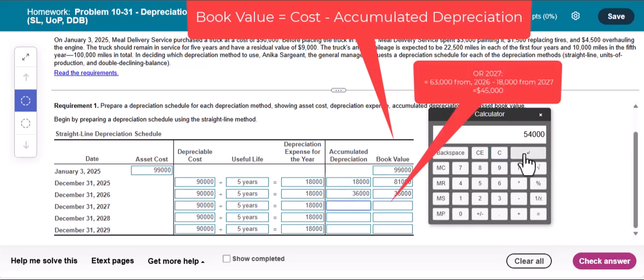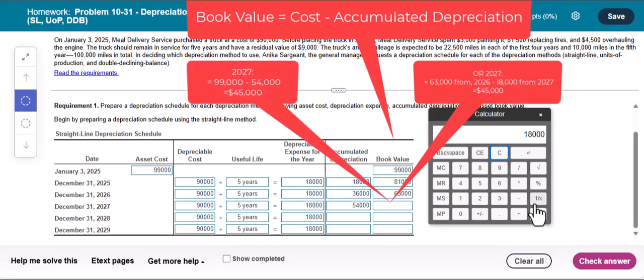And let me go back and fix this one. 63,000. And then our new book value is going to be that 63,000 minus the next 18,000. And that is 45,000 for the book value for year ended 2027.